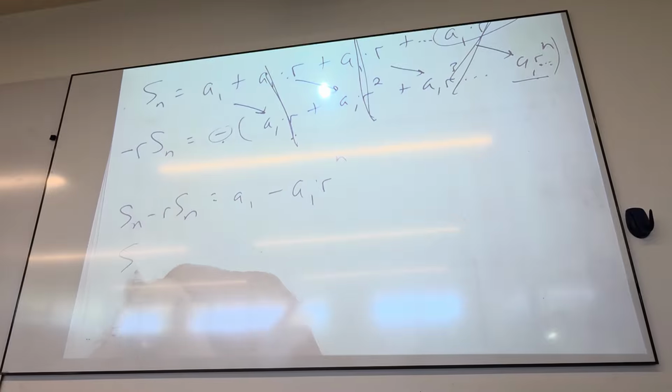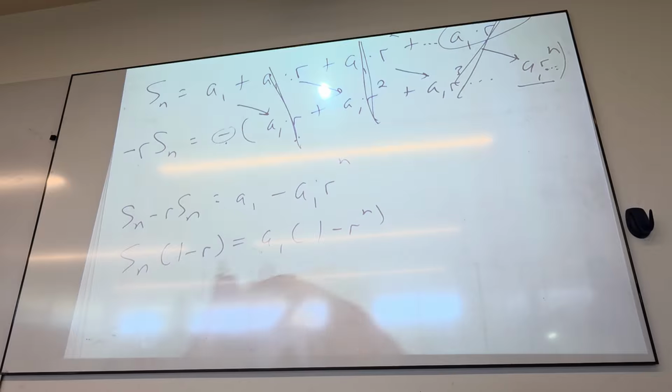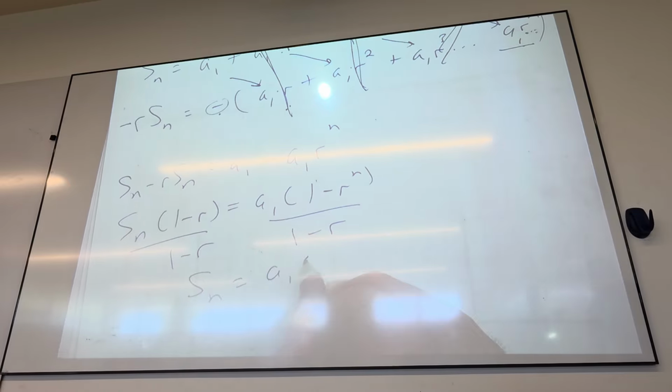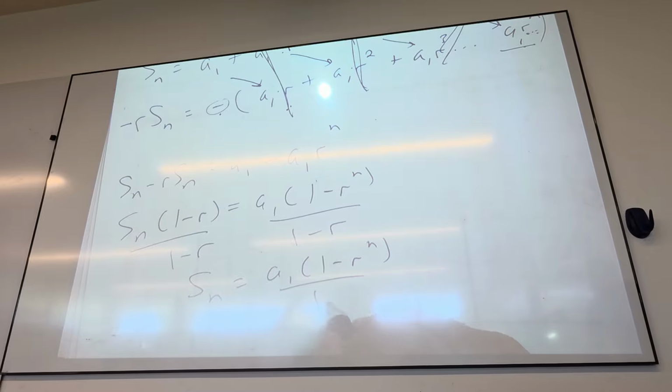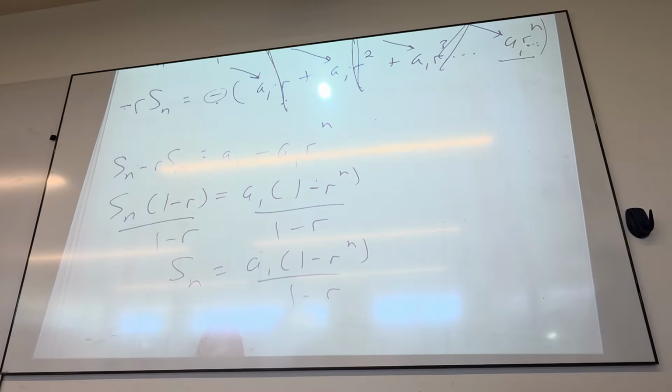So if I factor Sn out, I can factor an a1 out, divide by 1 minus r, do we have a closed form for the nth partial sum? Do I have a form in which, if I wanted to know what the 870th partial sum was, I could just plug 870 in and figure it out?